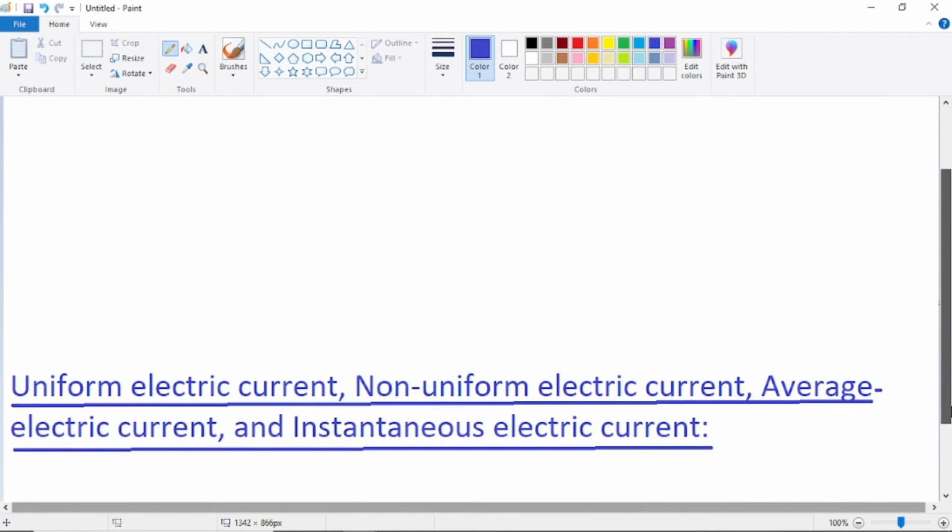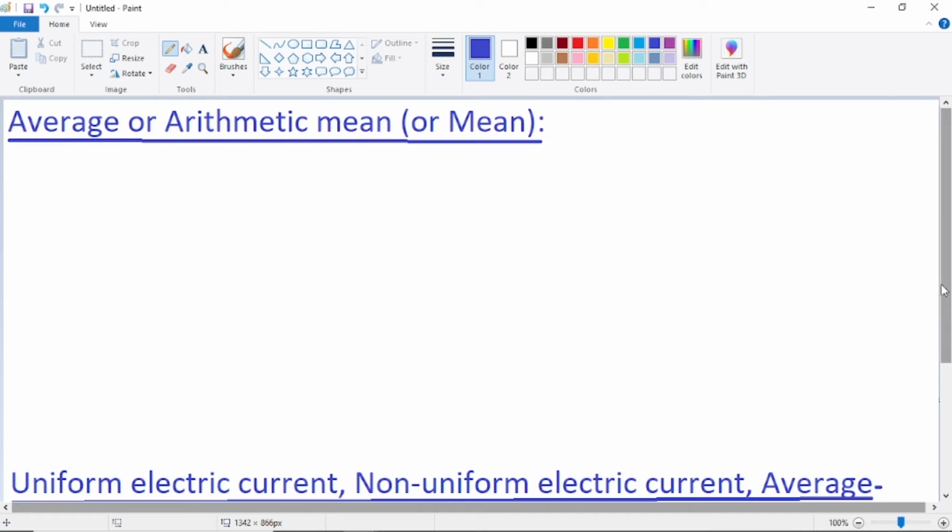Now all these four definitions are related to a very simple definition. This definition is the most powerful definition in one particular branch of mathematics called statistics, used in statistical mechanics.